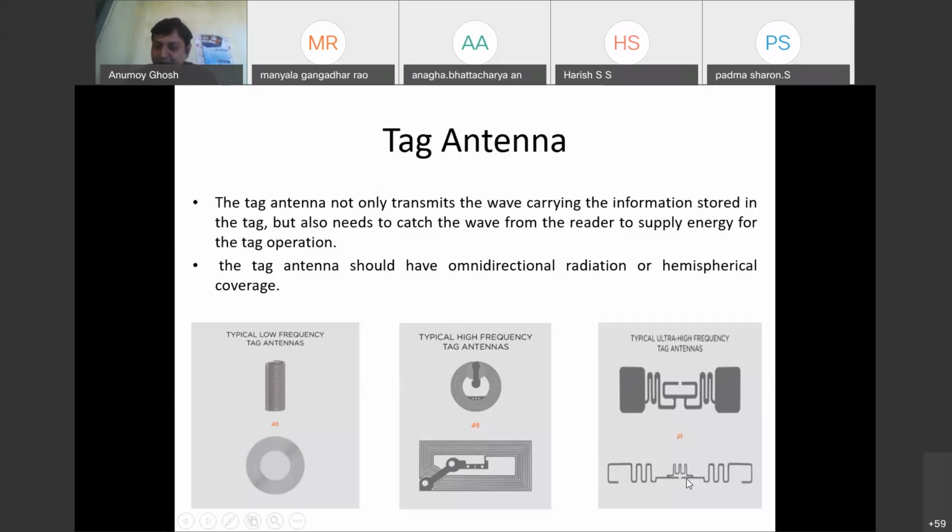chipset impedance. For example, suppose the chipset impedance is 10 plus j2. What should the antenna impedance be for maximum power transfer? Can anyone of you tell me?